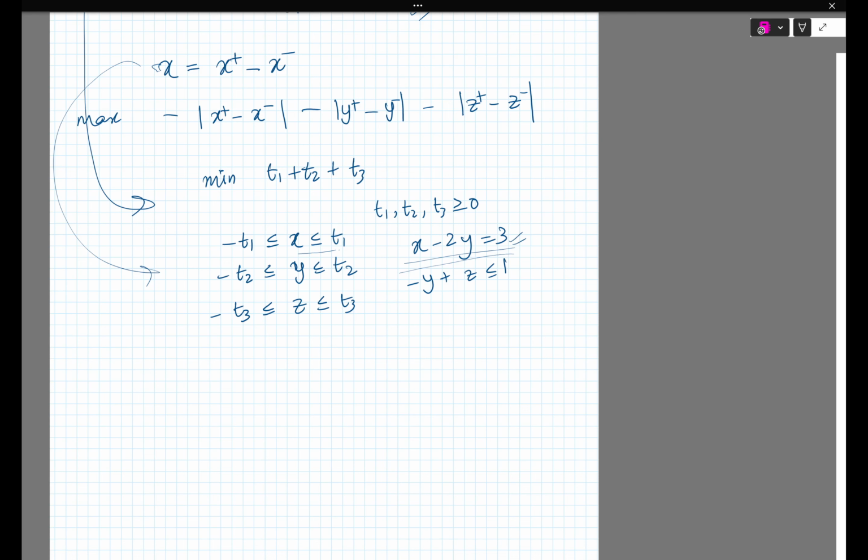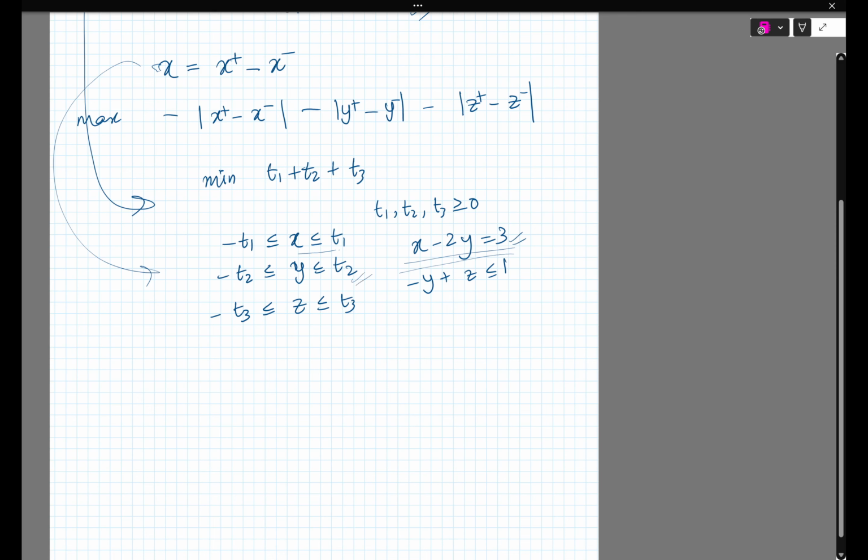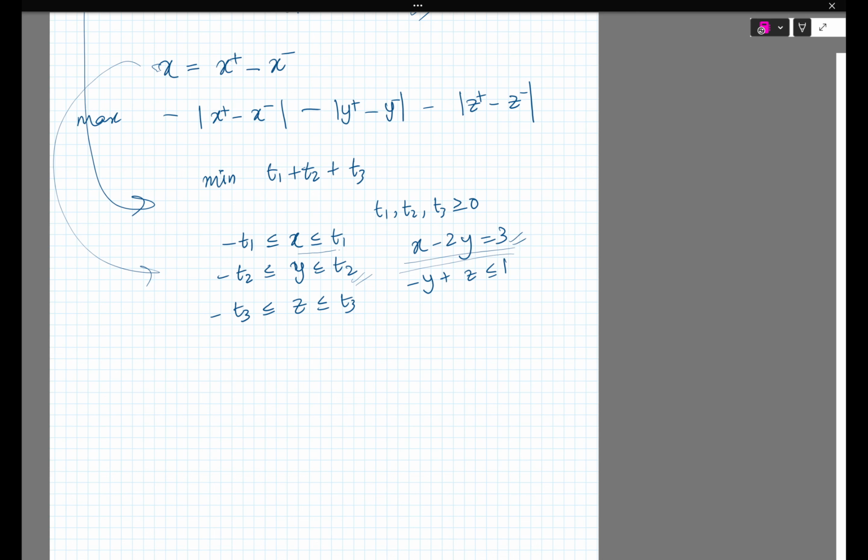Then in the second constraint, minus t2 less than y less than t2, this one. We will multiply it by minus 2, right? So that we get minus 2y. Then we will add it to the first one, x minus 2y.